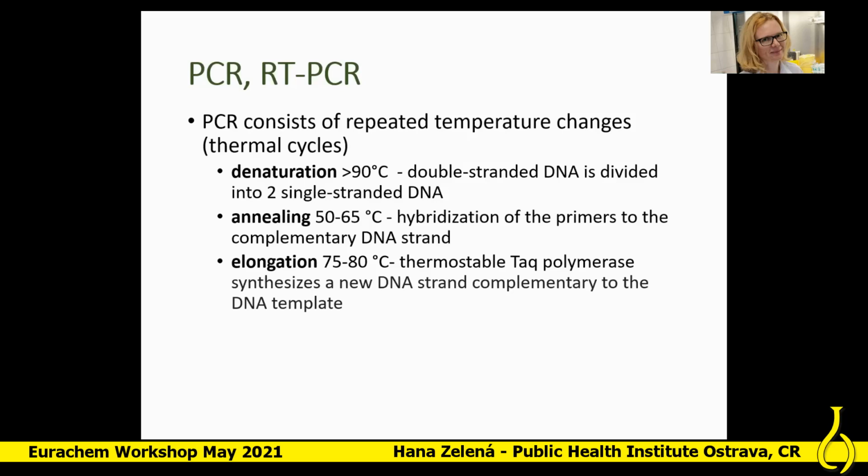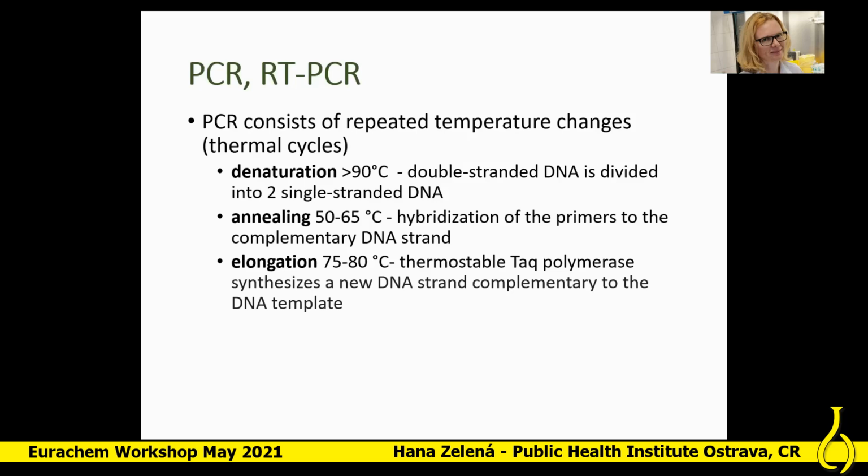Each PCR reaction consists of several so-called temperature cycles, each cycle consisting of 3 steps. In the first step, we heat the mixture to a high temperature, higher than 90 degrees Celsius, which causes denaturation of the double-stranded DNA, which is divided into 2 single-stranded DNAs.